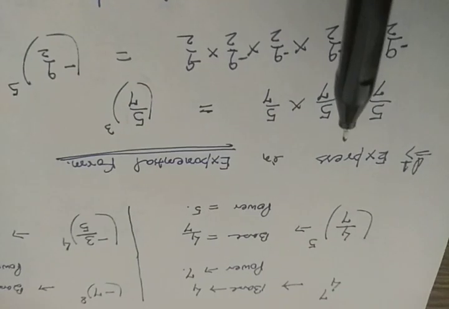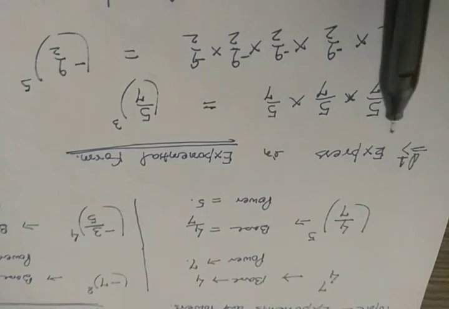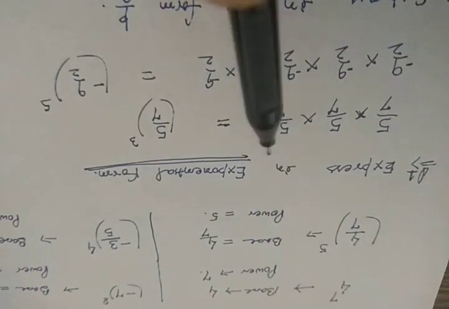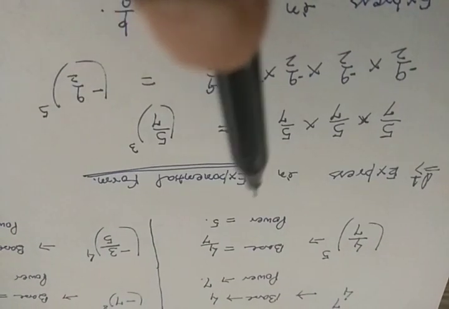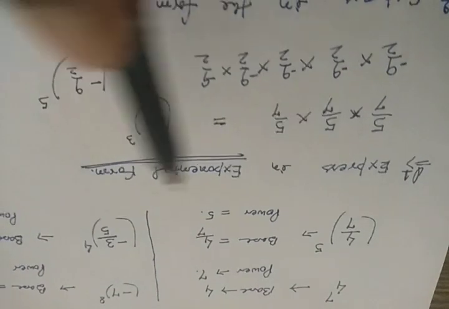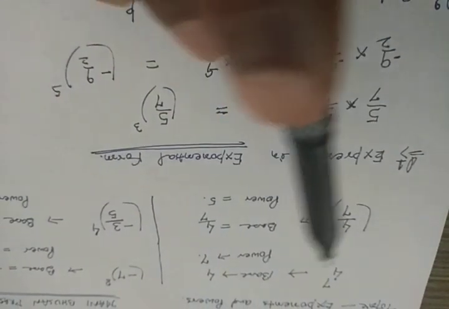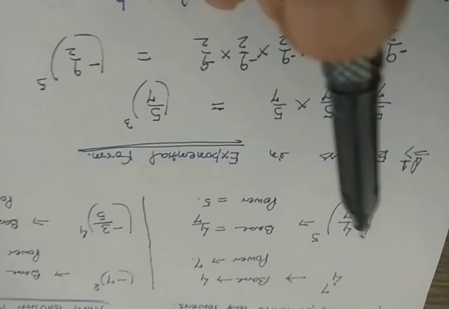See, the question says express the given number. These are the questions for you. So express in exponential form. In which form? Exponential form. When you write in the power form, that is called exponential form. Is it clear?